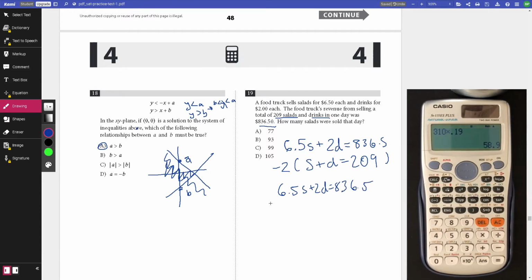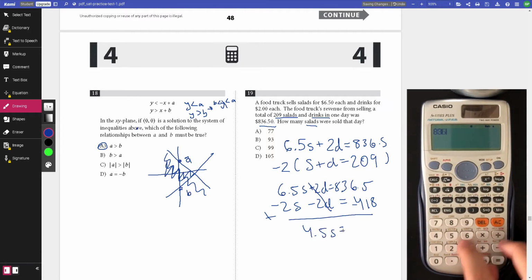So negative 2s minus 2d is equal to negative 418. So we add it together. This cancels out. We need s anyways, the number of salads, so we're solving for s. So that works out. 6.5 minus 2 is 4.5s equals, you can do this in the calculator.